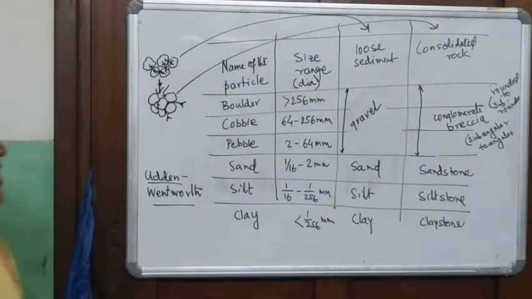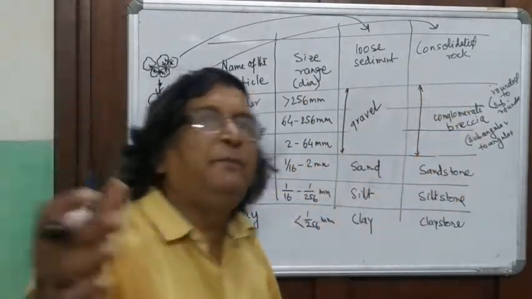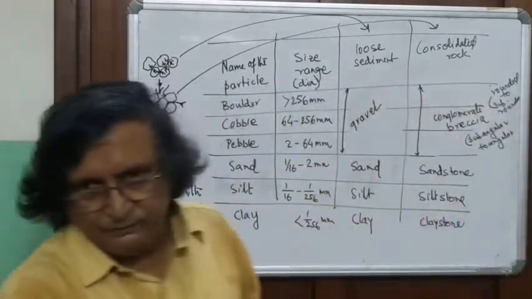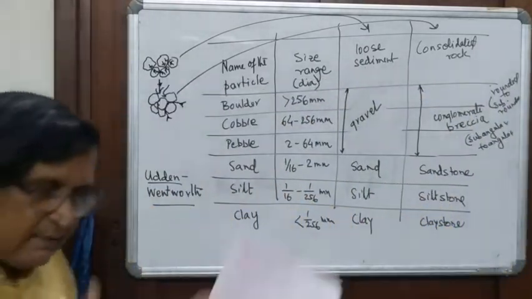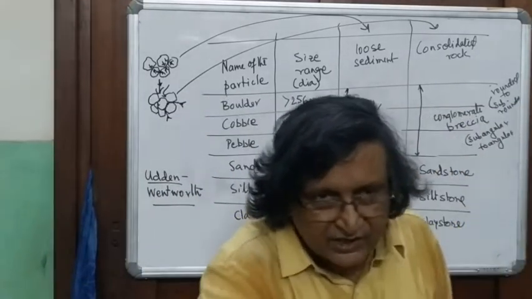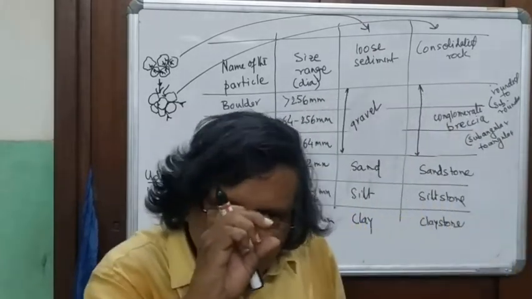So in the consolidated sediment, you cannot take out simple grains. But when you go to the beach, for example, and take some sand, that's loose sediment. But when that sediment is compacted because of the overlying pressure as newer and newer deposits occur, the pressure points will go into solution.